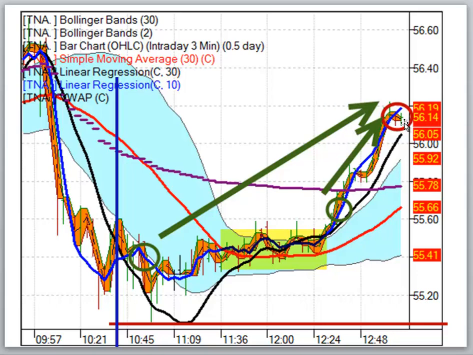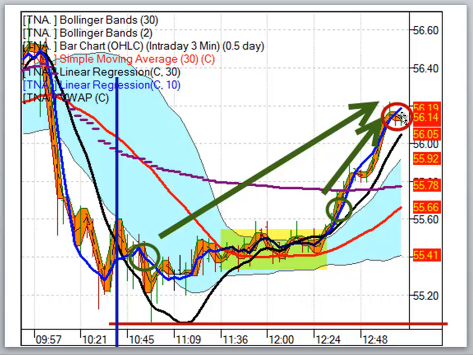I want you to notice stalking the exits after a nice run. Rather than looking to add here, I'm looking to ensure that I can pay for the information from earlier in the trading day. And then the idea being that this exit is my first screen for a potential re-entry.